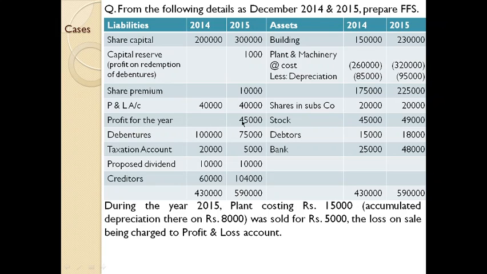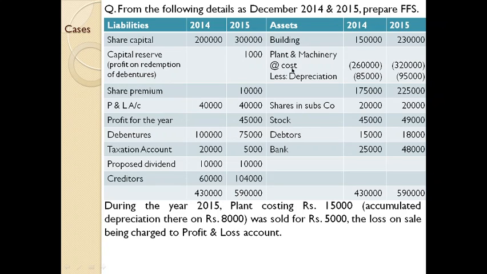Then we will start with this amount. Debentures, tax account, proposed dividend. I am not mentioning again and again regarding the tax and proposed dividend. You all might remember the concept regarding proposed dividend and tax. On the asset side, a new item is given, depreciation. Actually, this is a provision for depreciation, and previously this provision for depreciation was given on the liability side.